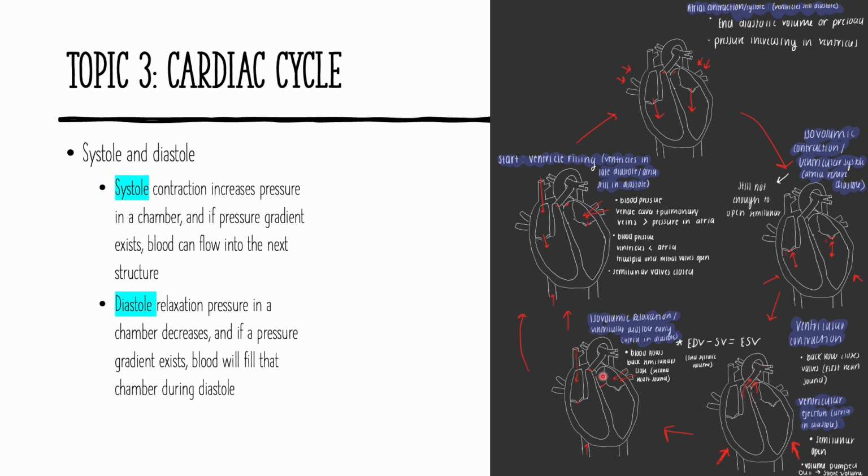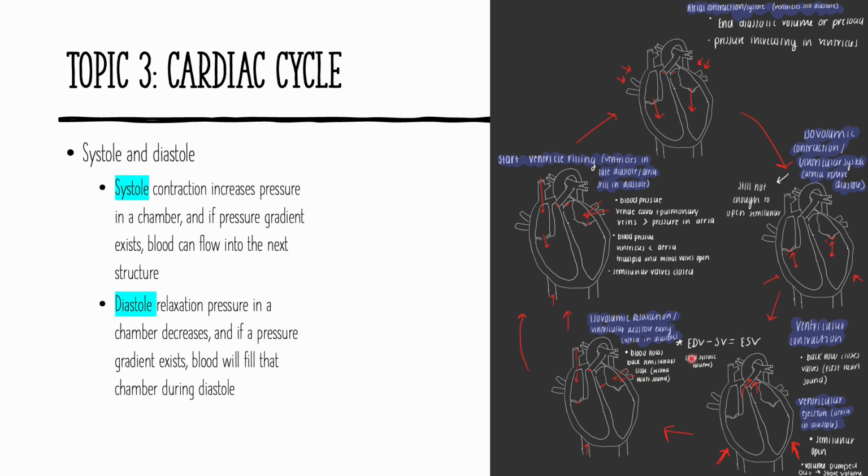Now going into the isovolumic relaxation / ventricular diastole, our atria is still in diastole as well at this point. The blood flows back into the semilunars, and those close again. Same kind of idea here, and that's our second heart sound.